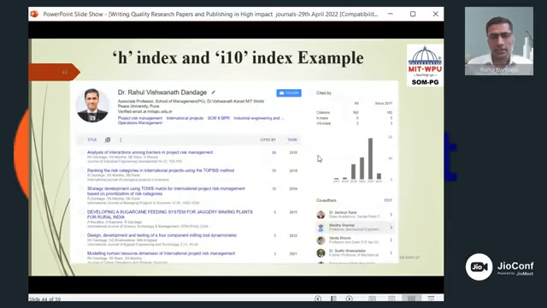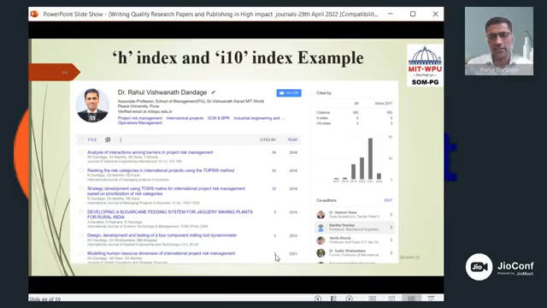You can see these are the research papers. This is my own Google Scholar profile. According to the number of citations, the research papers have been listed. First research paper 58 citations, second research paper 50 citations, third research paper 35 citations, fourth one 5 citations, fifth one 5 citations, sixth paper 3 citations.